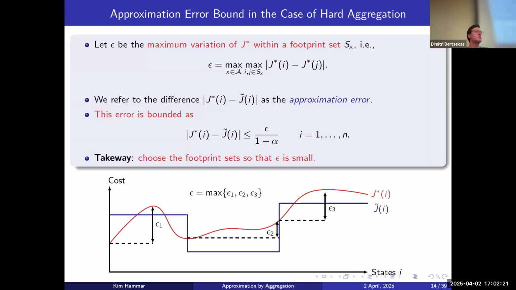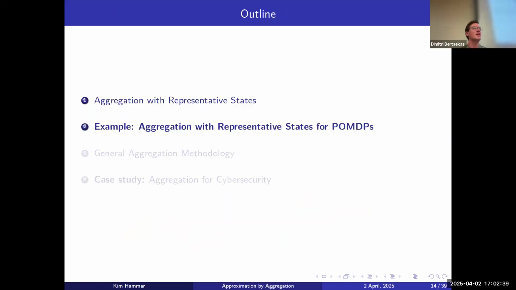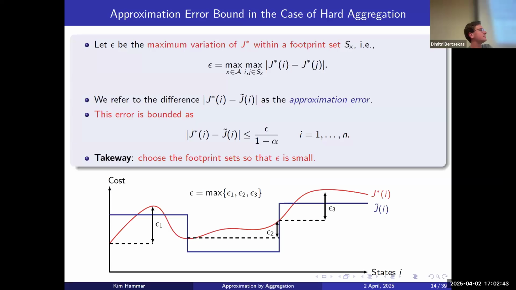Okay, so this is probably the most theoretical slide of the whole lecture, and now we'll move on to an example. But before I do that, are there any more questions about this error bound? Good. You mentioned knowledge.